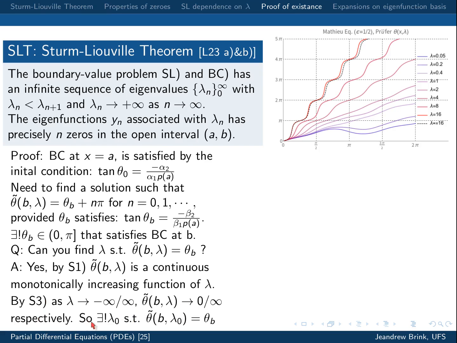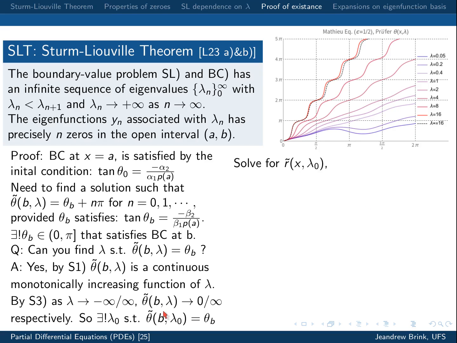So there does exist, over here, pick any point along this little segment, because we want a theta b lambda in the region that equals theta b, and we know theta b lies between 0 and pi. So pick any point along here, begin with lambda equals minus infinity, so begin down here, increase it until you eventually get to your point, and that's the prescribed one, and we're going to call that point lambda 0. So you can always do it.